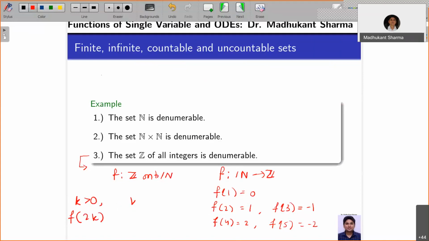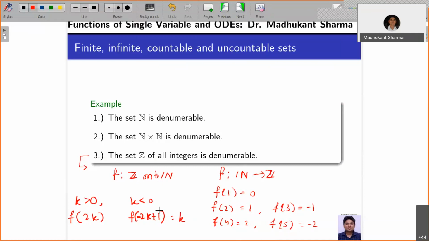If k is less than 0, it is the image of f of 2k plus 1. Minus minus plus, so 2k plus 1. So that is going to be k with a minus sign. So you have uniqueness as well as the injection, or one-to-one property.